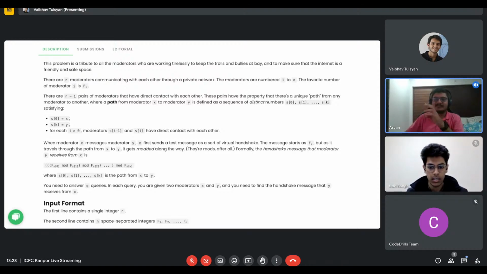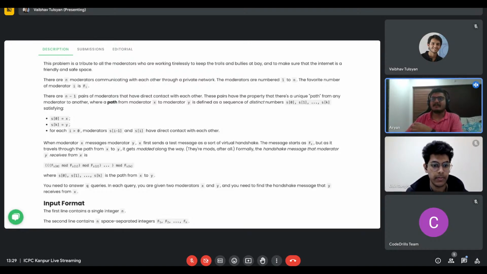So far what we have read is there are n moderators, each of them has a number f_i. We are also given that there are n minus one pairs of moderators who are in direct contact with each other. If we model this as a graph problem, then the set of moderators would be a tree. For each moderator x to y, there would be some path, some intermediate moderators using which he can talk to the final moderator.